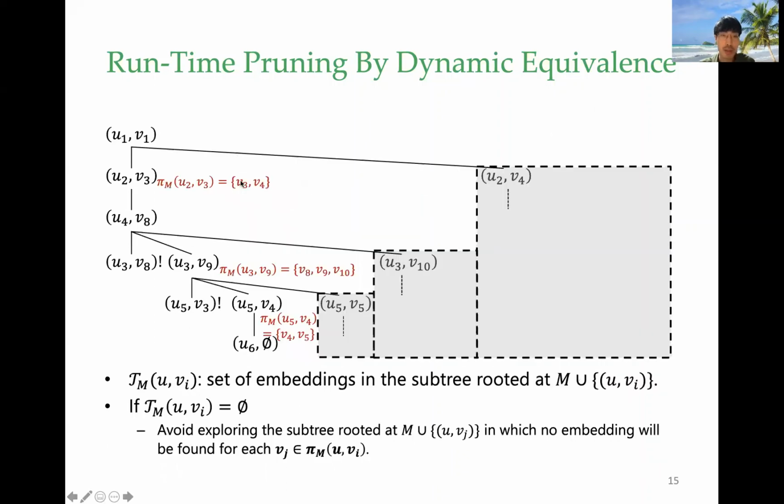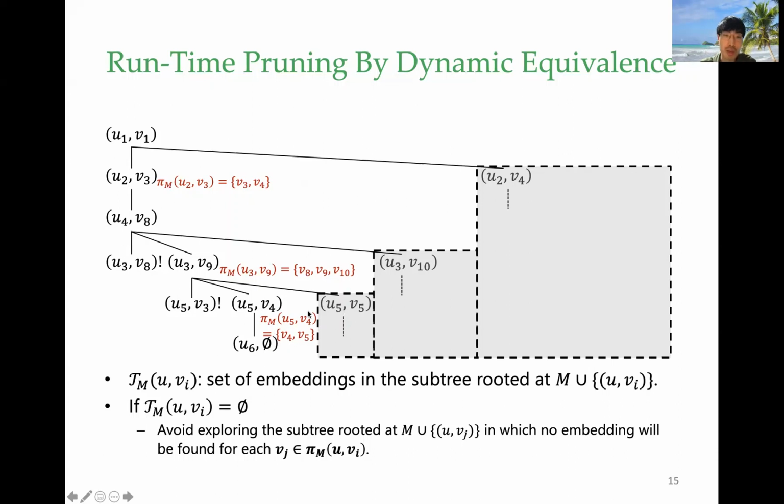So there are two cases of equivalent subtrees. First, equivalent subtrees may lead to no embeddings. In this case, let's say we just came to node U5 to V4 after exploration of this subtree. Then by the computation of the equivalence set, we know V4 and V5 are in the same equivalence set. So mapping U5 to V5 will lead to no embeddings as well, as in the previous subtree.